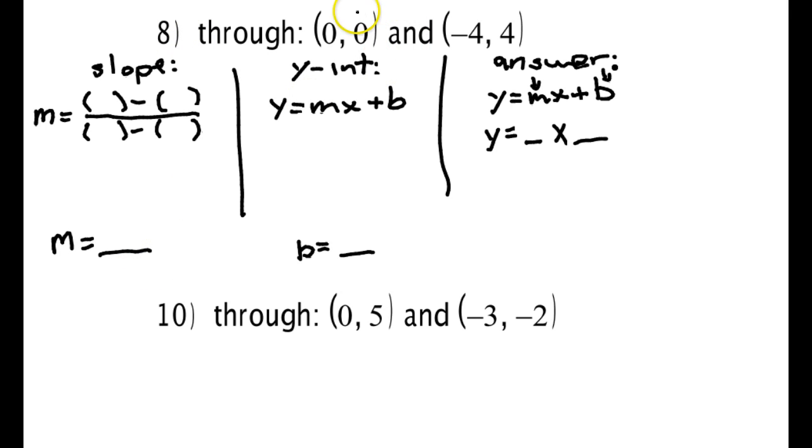Okay? So we have, again, y is on top, x is on the bottom. So y, we got 0, 4. X is on the bottom, 0, -4.